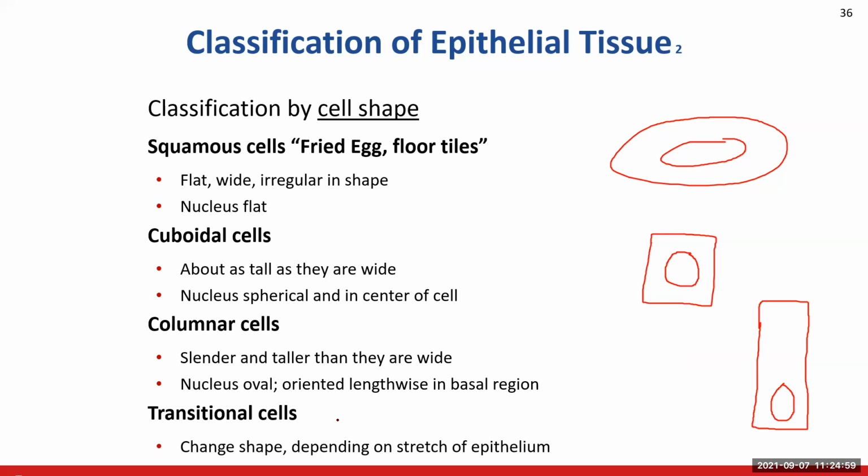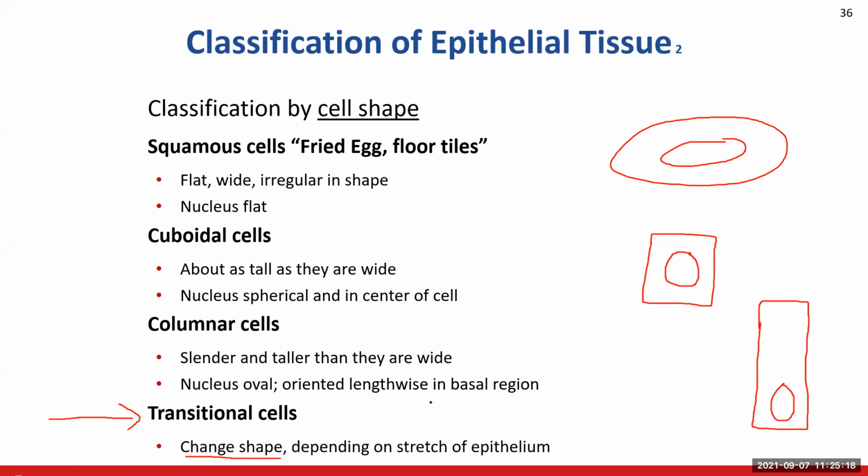And then the last type is the transitional epithelium. This type of epithelium changes shape, more than meets the eye. So it depends on what is happening to that epithelium. You're going to see this type of epithelium in the urinary bladder.